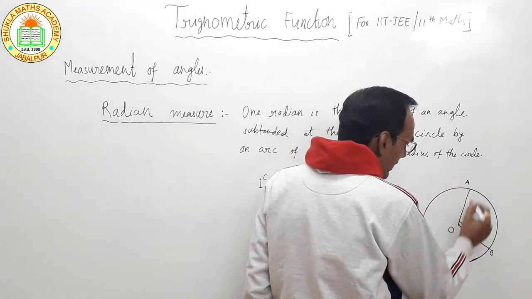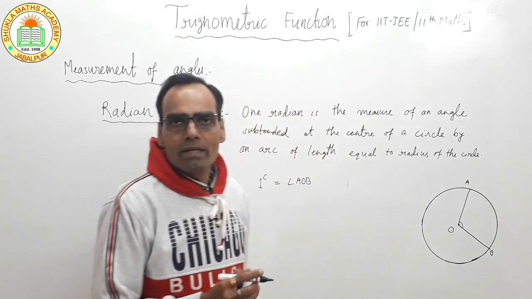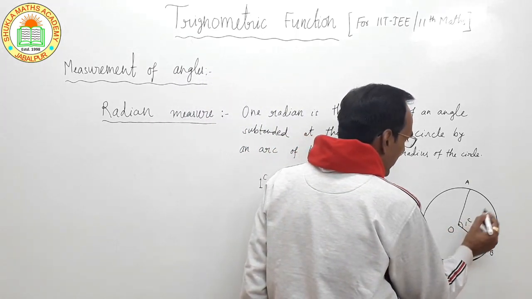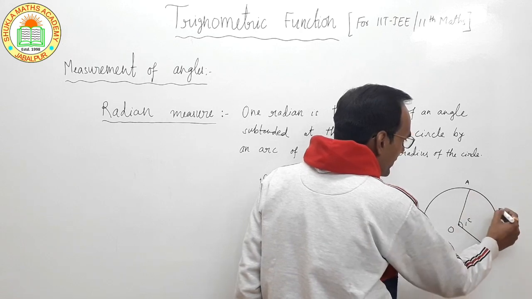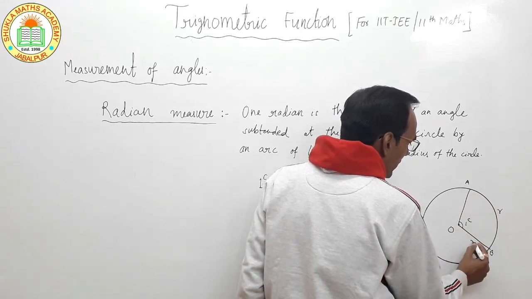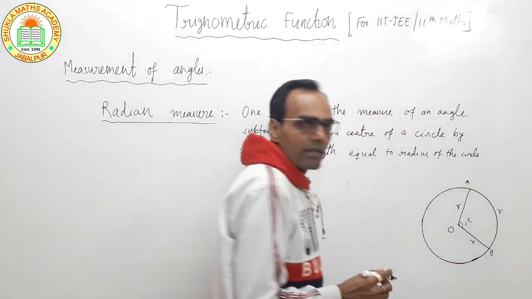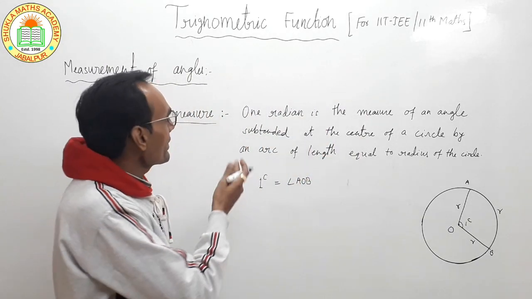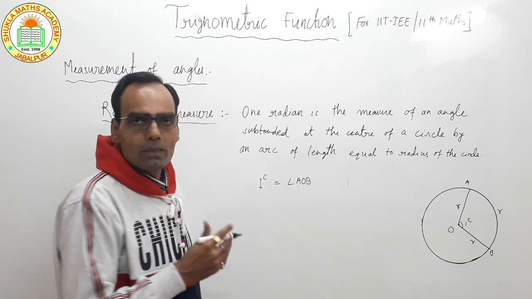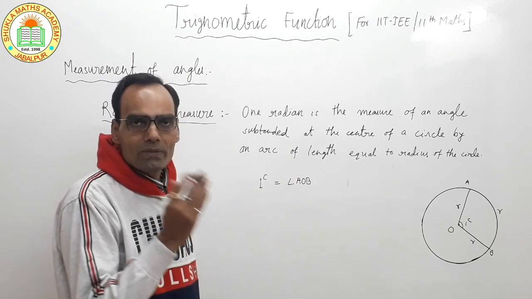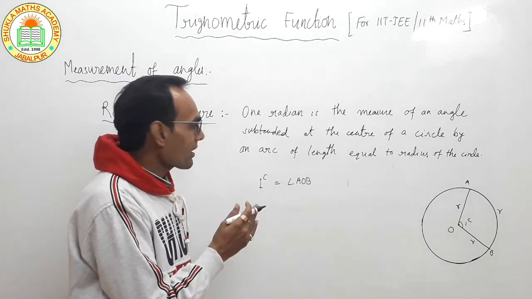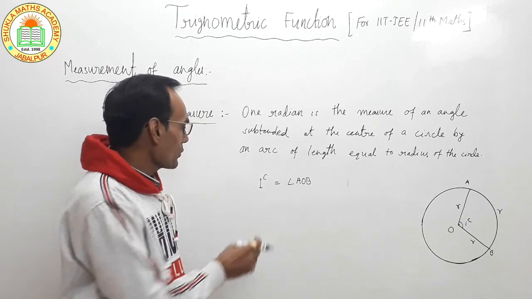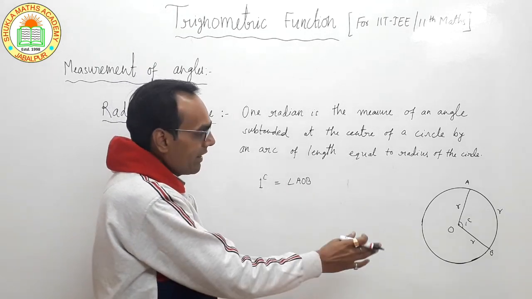This angle AOB will be called 1 radian if the length of arc AB is equal to the radius of the circle. So we can define 1 radian: 1 radian is the measure of an angle subtended at the center of a circle by an arc of length equal to the radius of the circle. So 1 radian equals angle AOB.